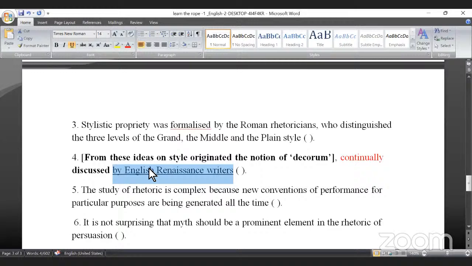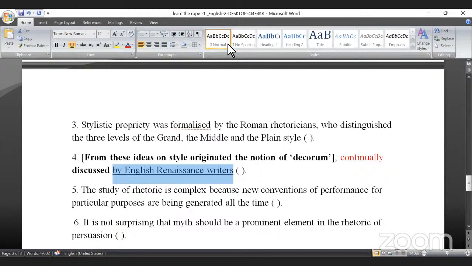Because you have the verb, you have the object, you also have the adverb. This has got nothing to do with the adjective or adverb here, right? This particular subordinate clause that we have identified is just a replacement for the subject here. You could have put anything else here, instead of writing from these ideas on style originated the notion of decorum, continually discussed by English Renaissance writers, I could have put something else, and then finished it off.